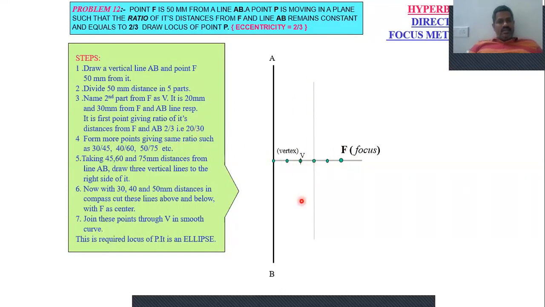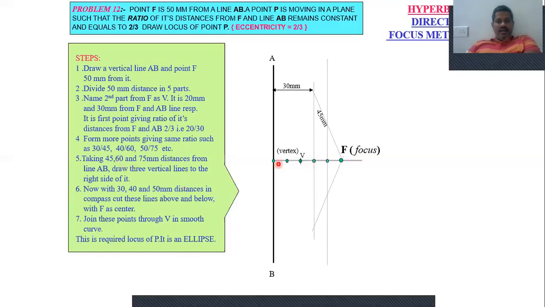Then take 30 by 45. The 30 line is at this location, so draw a vertical line from AB. Then taking 45 mm radius in the compass with focal point F as center, intersect this line. You will get 2 points like this.